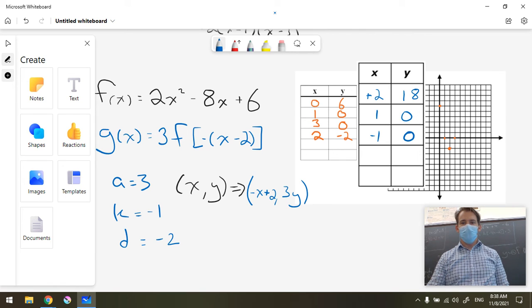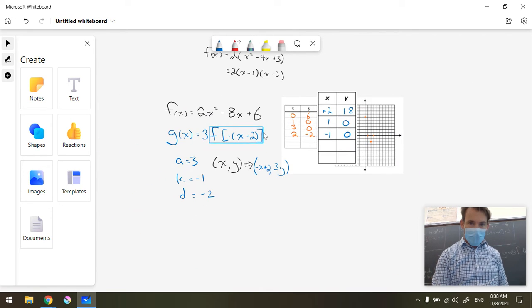And then the last thing, 2, negative 2. This has both a non-zero input and a non-zero output. So let's first stretch this negative 2 to negative 6.